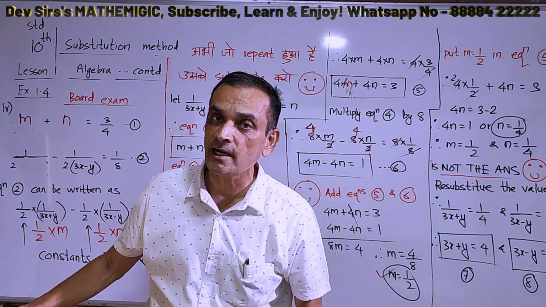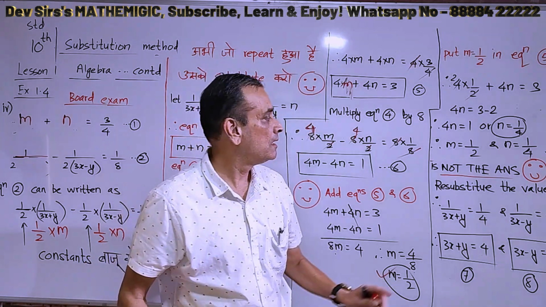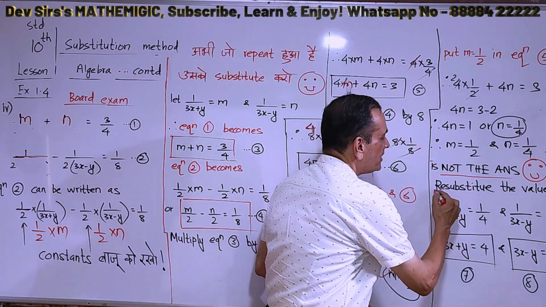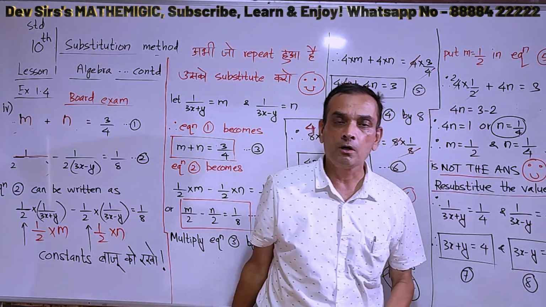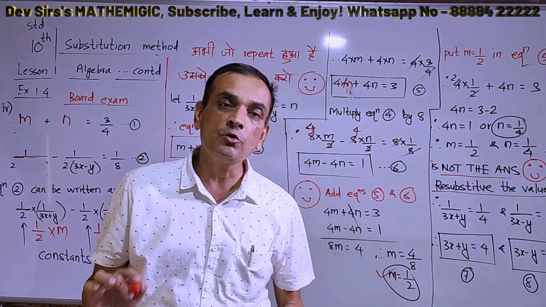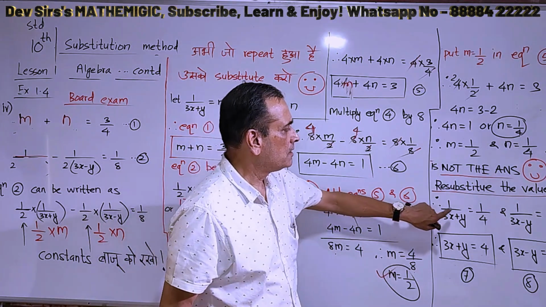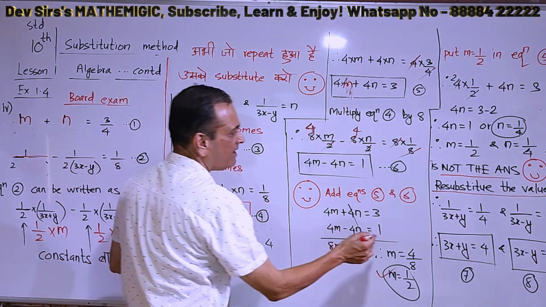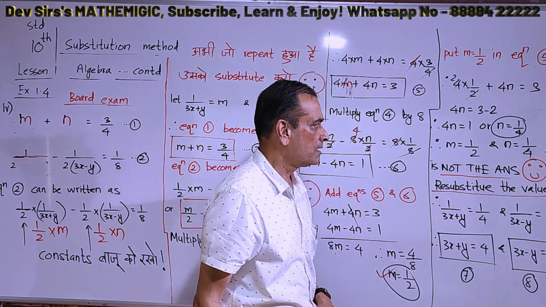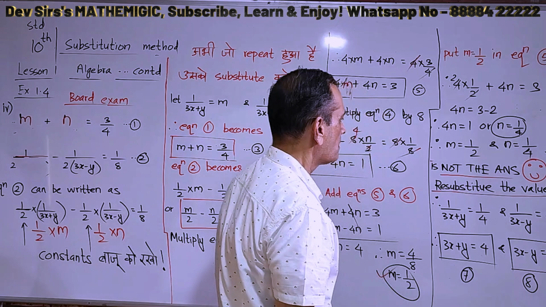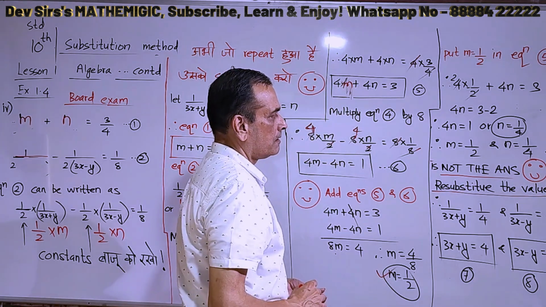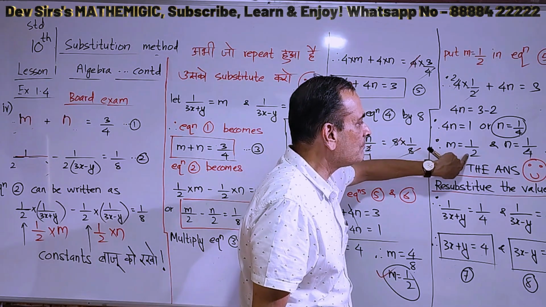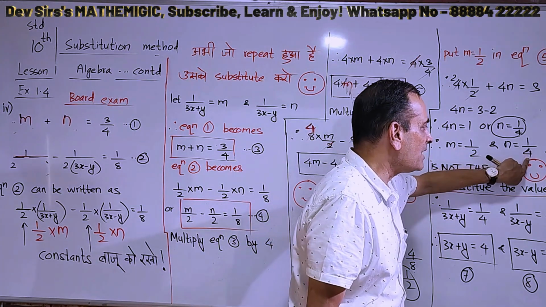Remember, substitution method, it is slightly lengthy. m and n is not the answer because you have to resubstitute the values. Yesterday we saw, after getting m and n, you have to resubstitute the values. So what is the value of m? 1 upon 3x plus y. m equal to 1 by 2 आंसर है, n equal to 1 by 4 आंसर है.